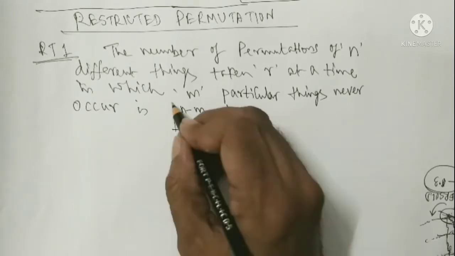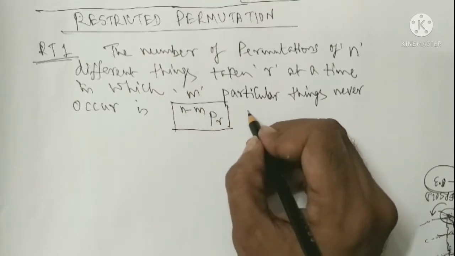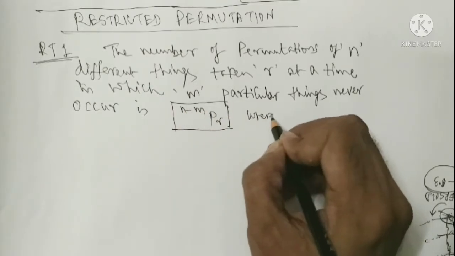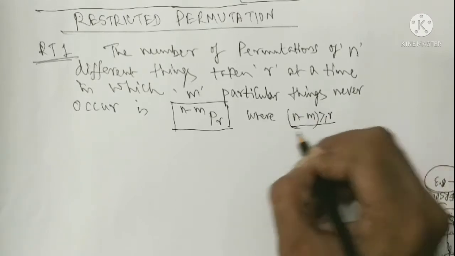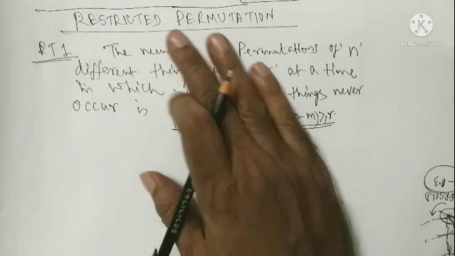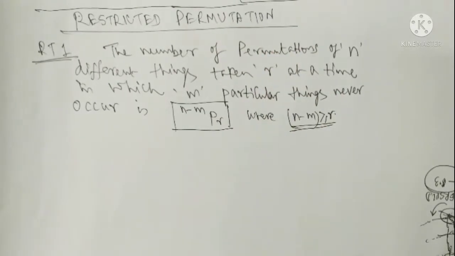This is the structure of the restriction, where n minus m is greater than or equal to r. This is always true for the permutation structure.